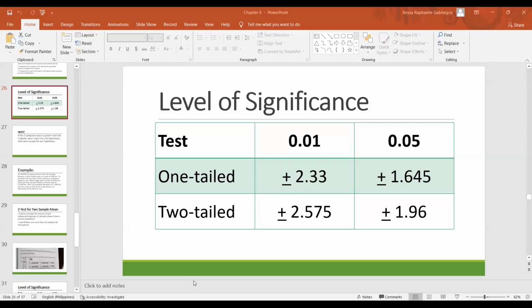Again, our level of significance is 0.05. And since our null hypothesis has no direction, so two-tailed test tayo, and that is plus or minus 1.96.